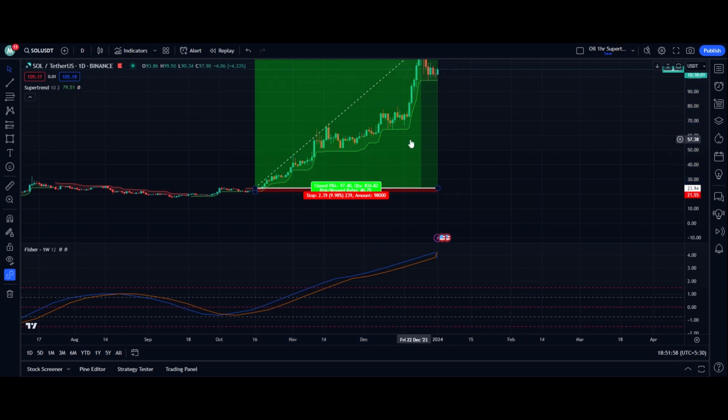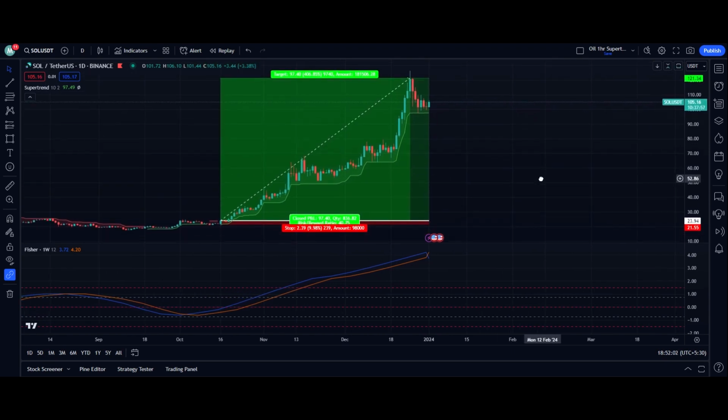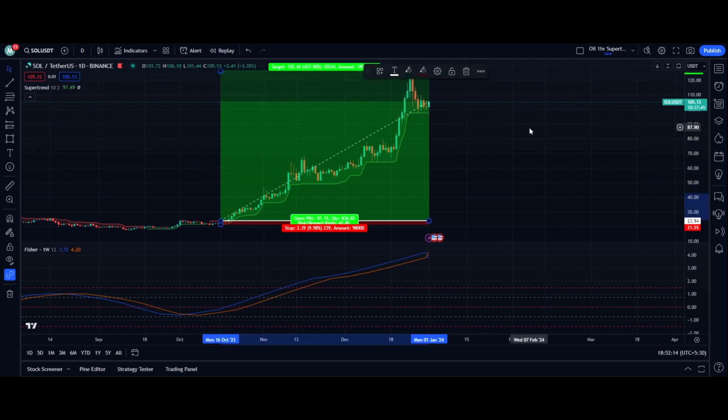Over a period of, I don't know, 2.5 months, it's a risk reward of more than 40, and a target return of 400, 500, 428% in that time.